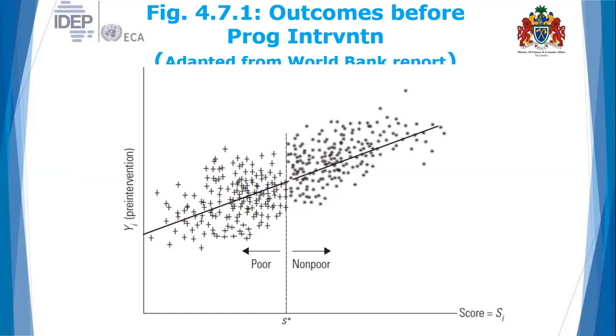Then those individuals above the cutoff point S star are considered to be non-poor, and therefore they are not eligible to participate in the program. So when it comes to evaluation, a sample can be drawn from a narrow band, that is from the poor and the non-poor. Within that narrow band, since we assume that they will exhibit similar characteristics, comparison is possible, and the difference in the outcomes can be attributed to the program intervention.